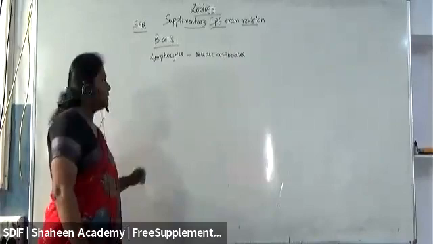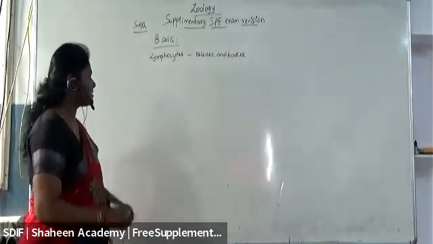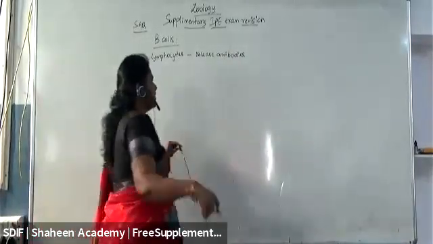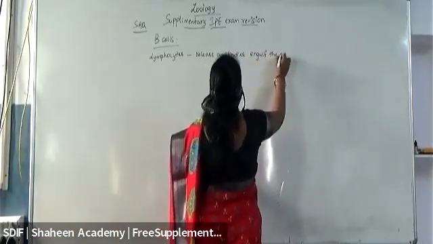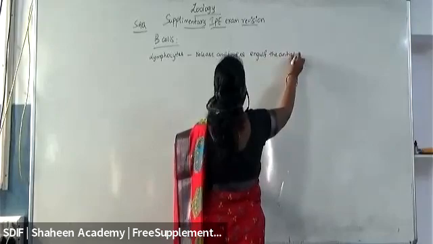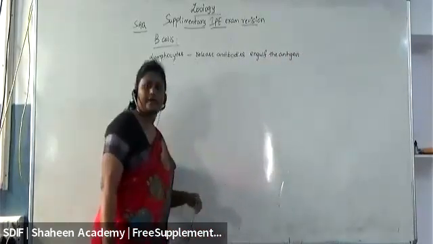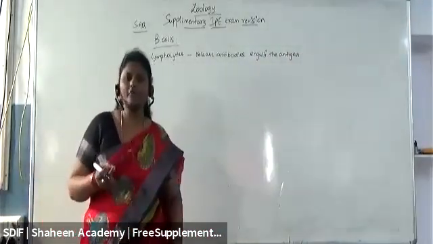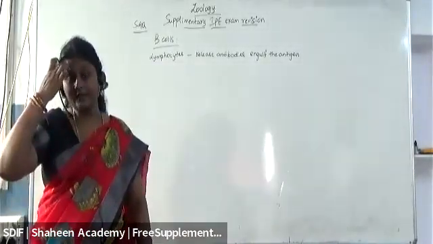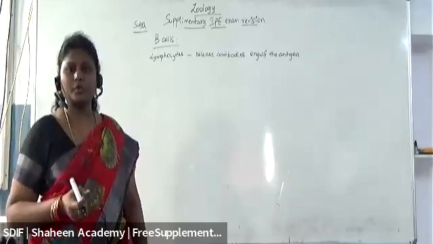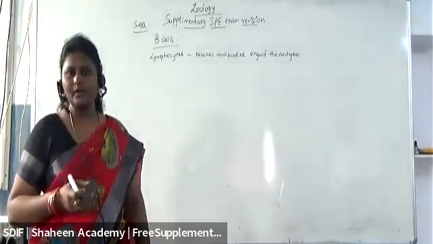B cells are a type of lymphocytes that which release antibodies that which engulf the antigen, or that which will neutralize the activity of antigen. Antigen is a part of pathogen that which enters into our body, foreign organism. Like for example, if a bacteria enters into the body, complete bacteria will not cause the disease.